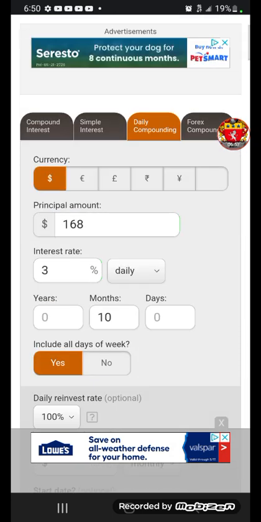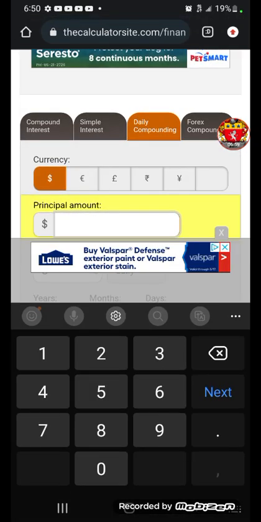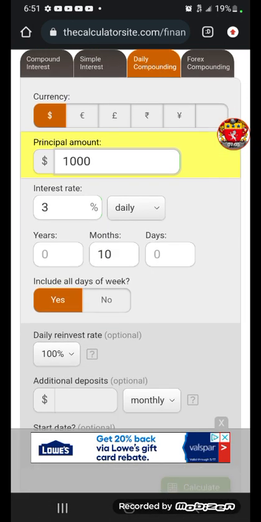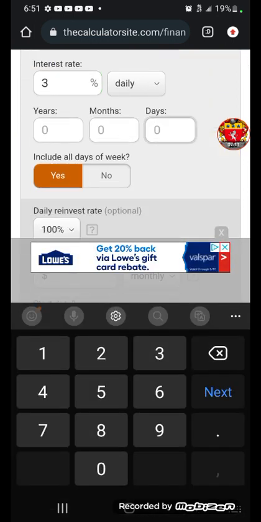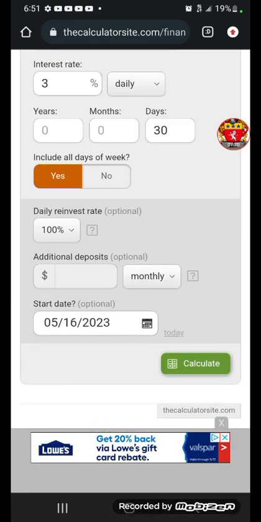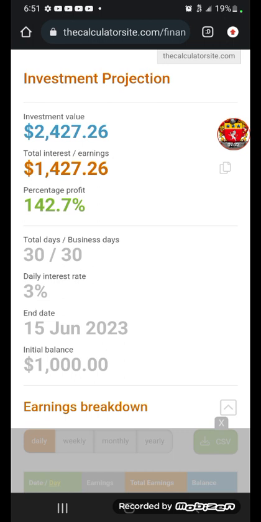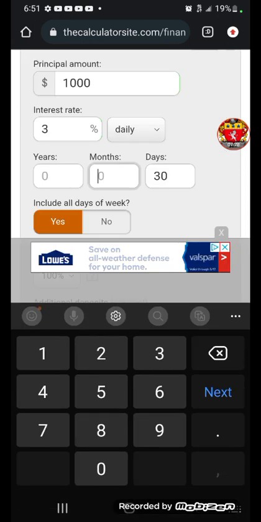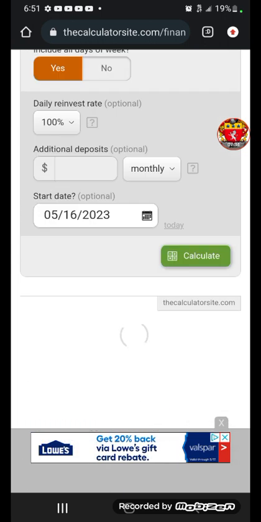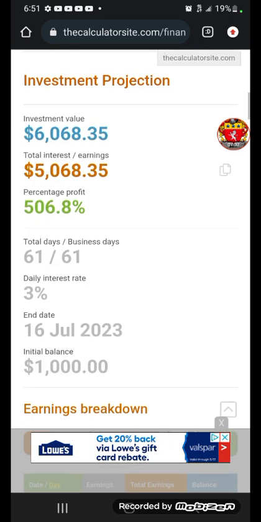Now then, let's see what $1,000 will bring us. Let's go 30 days. Let's see what $1,000 brings us. Brings us up to $2,400. And then 2 months. That brings us to $6,000.